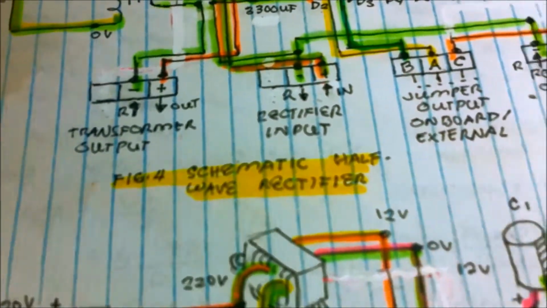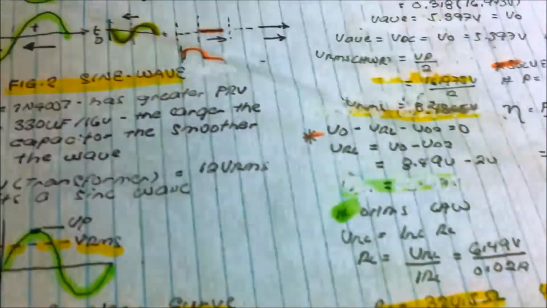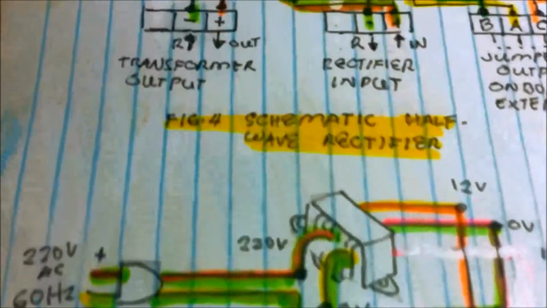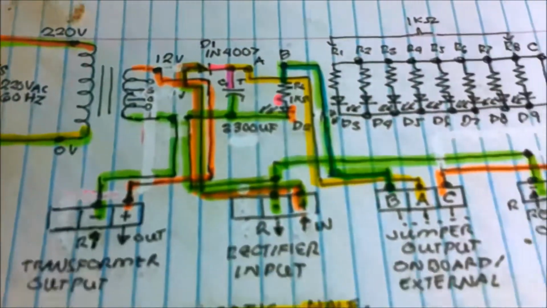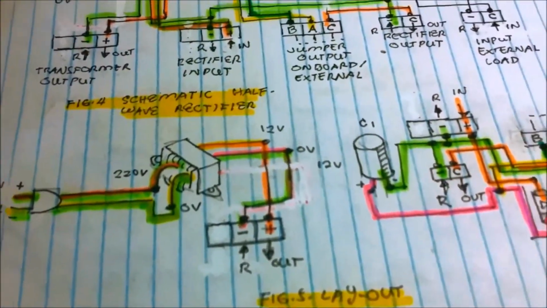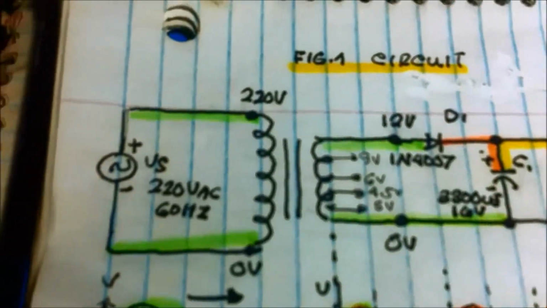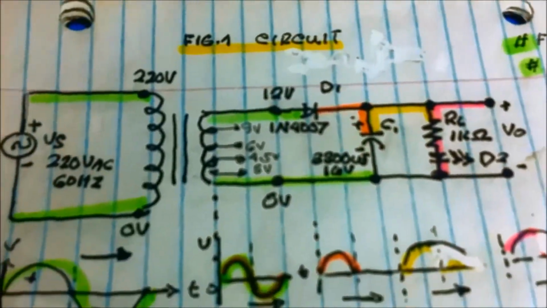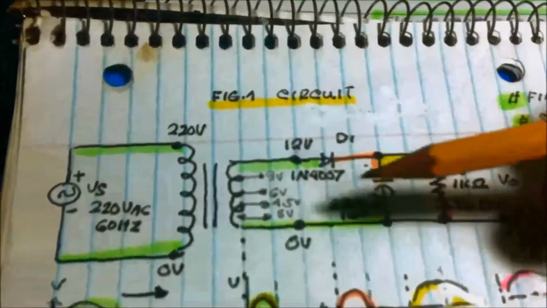A half-wave rectifier. That is the layout. And this is the circuit diagram of the third previous project. We also have the transformer.